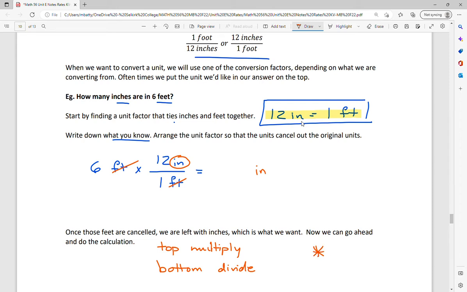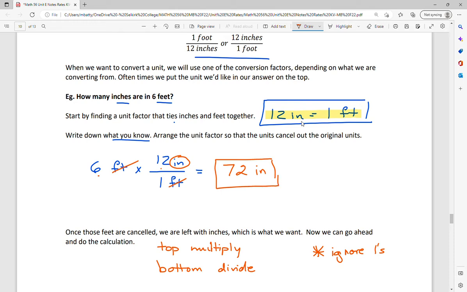You can ignore ones, because multiplying by 1 or dividing by 1 doesn't do anything. If you want to, you can on your calculator, but in my calculator, what I'd punch in here is 6 times 12 equals 72 inches. So if you're 6 feet tall, you are 72 inches tall.